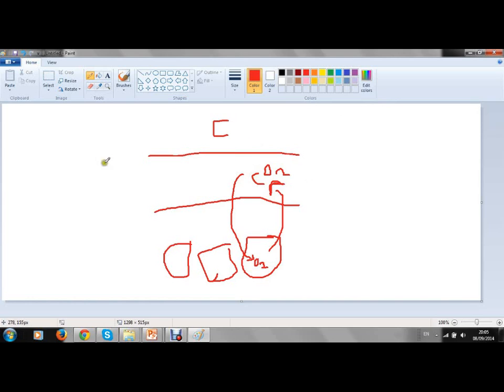So in this area, hydrostatic pressure basically controls, or should I say, it forces the plasma and the blood to diffuse to the tissue.